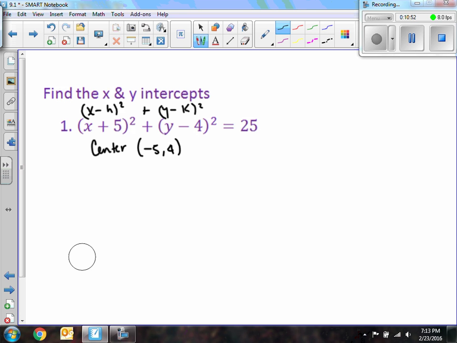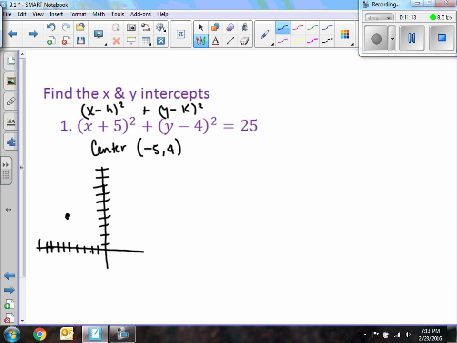Think about this here. 1, 2, 3, 4, 5. 1, 2. Kind of about there.